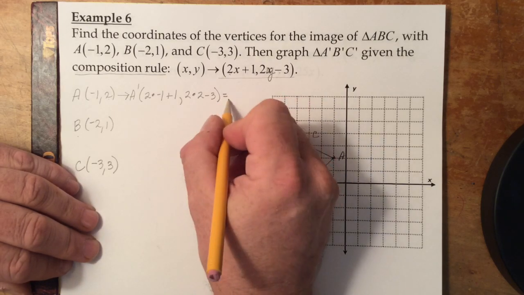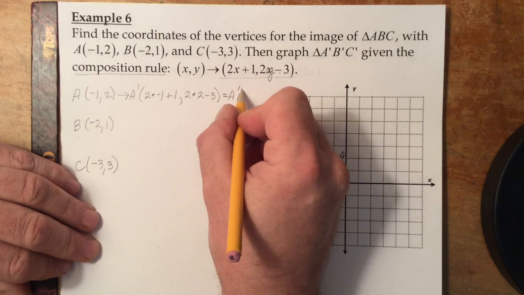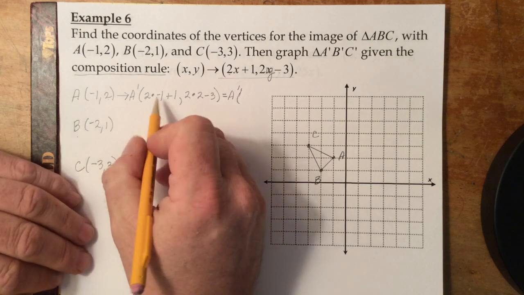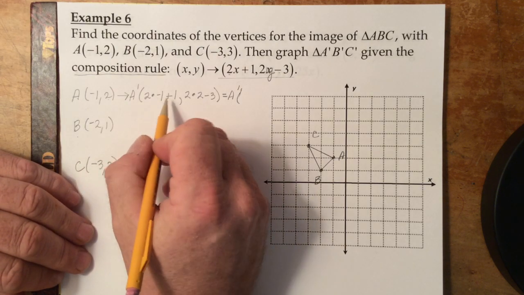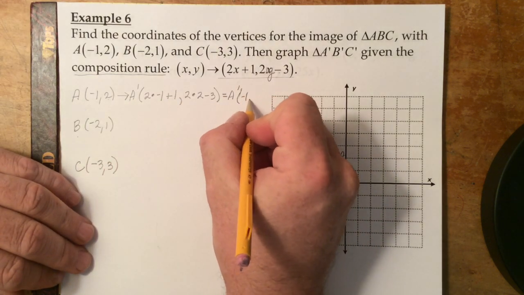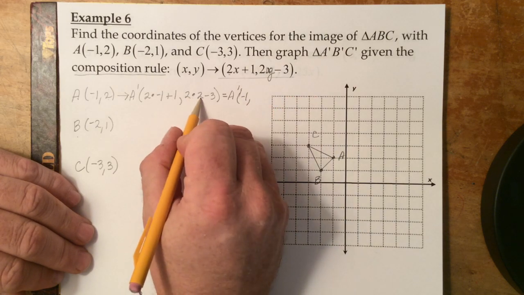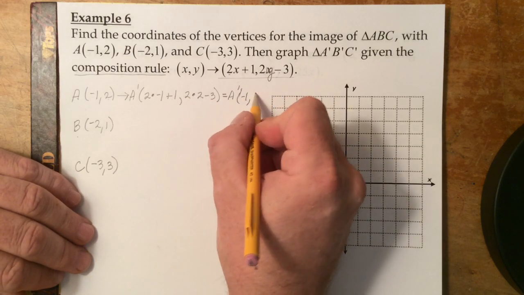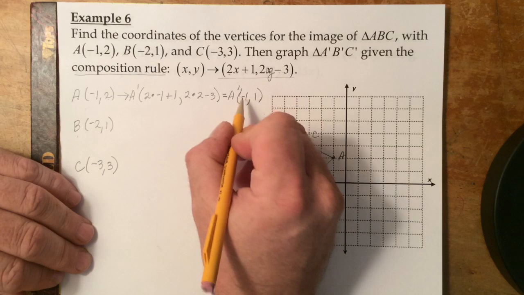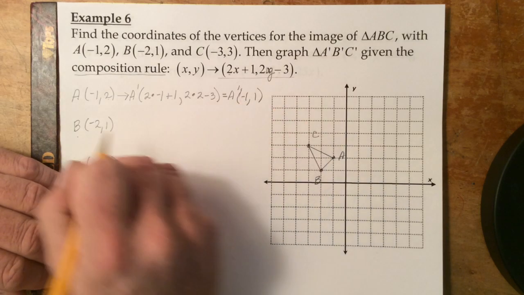So that gives us A prime at 2 times -1 is -2. -2 plus 1 is -1. 2 times 2 is 4. 4 minus 3 is 1. So our new point is at -1, 1.